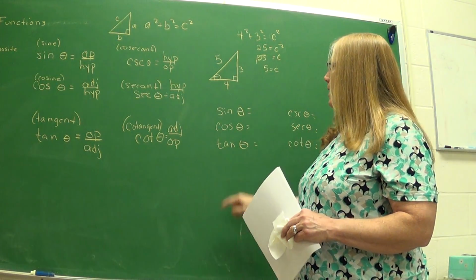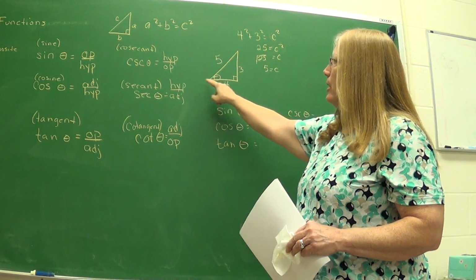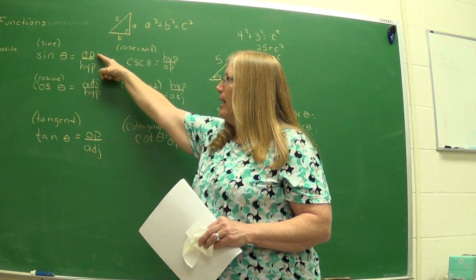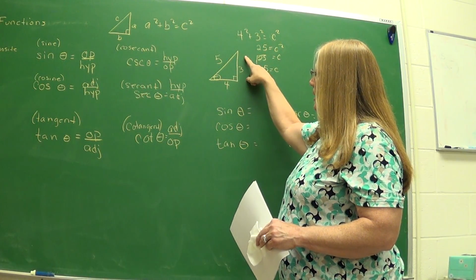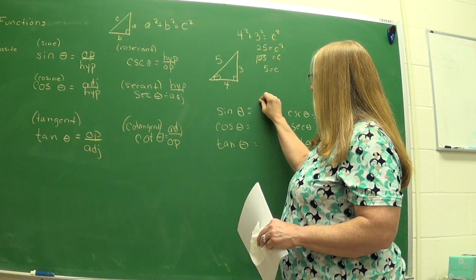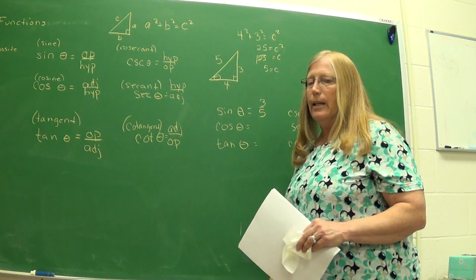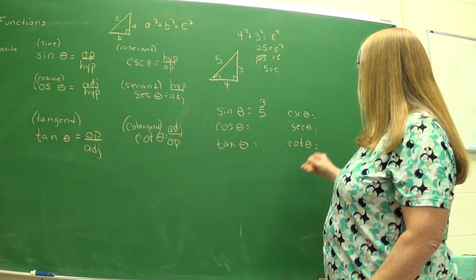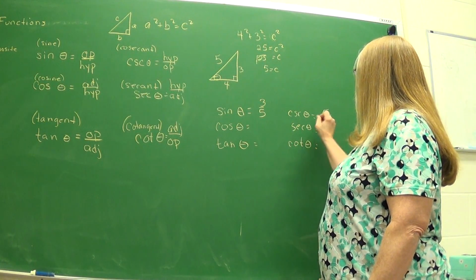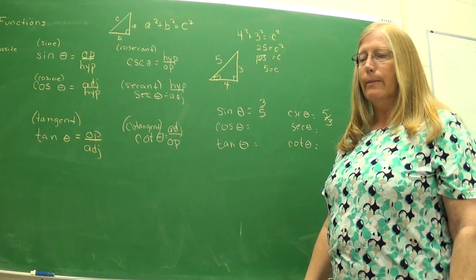So the sine of this angle is going to be the opposite side divided by the hypotenuse. Opposite is 3, hypotenuse is 5. I can easily do the cosecant as well because they're reciprocals. All I have to do is flip the sine value.